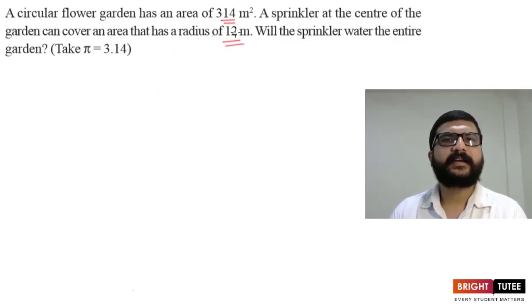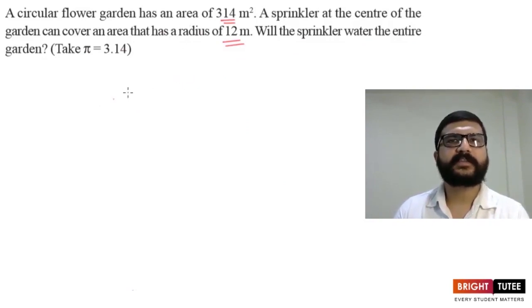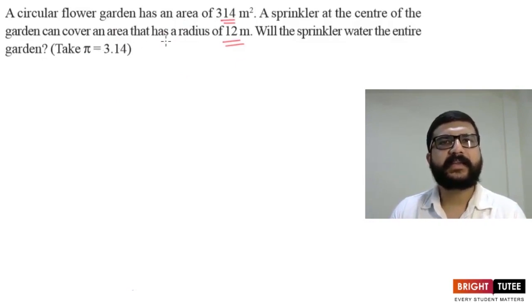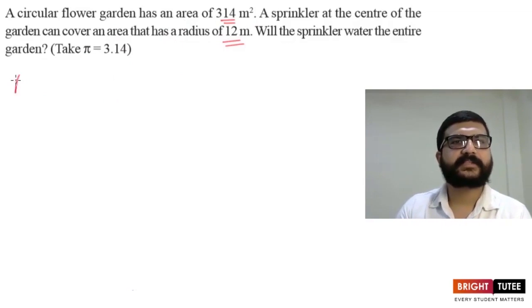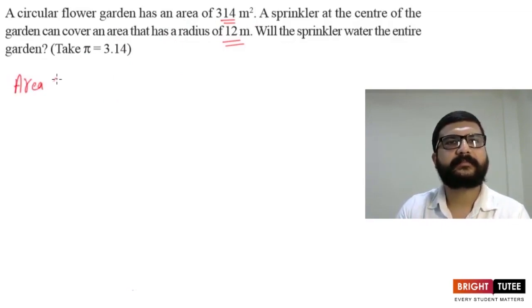whether the area covered by the sprinkler is equal to the area of the flower garden or not. So for that, let us find the area covered by the sprinkler.